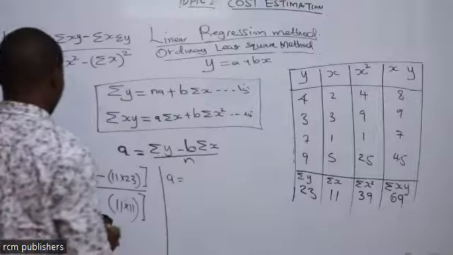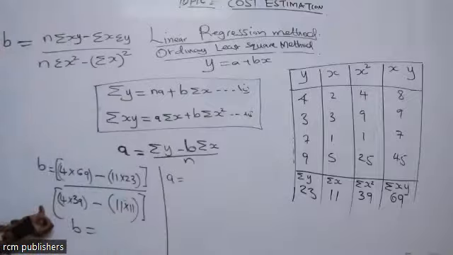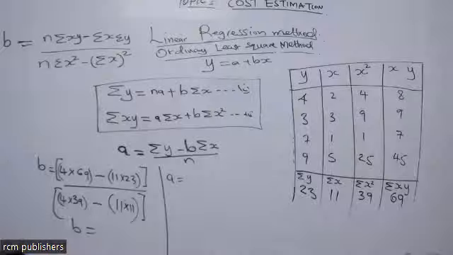The value of B. You people are letting me down and you have calculators. The value of B. It is 0.66. Okay, so I'm told here it is 0.66.